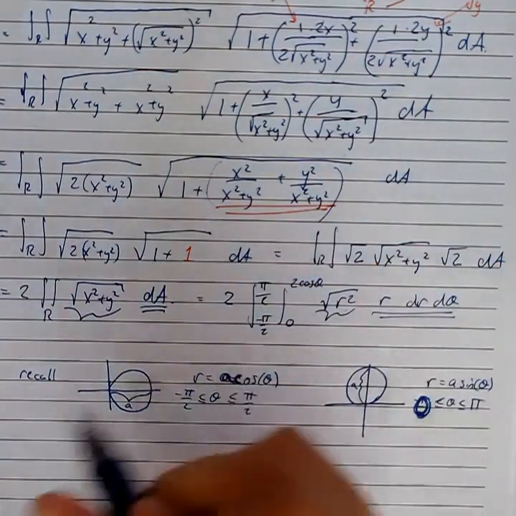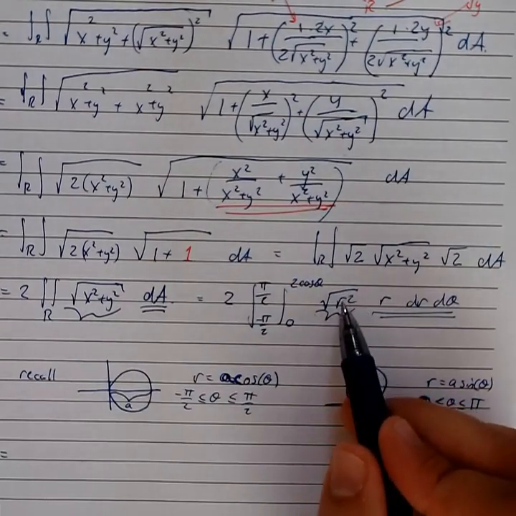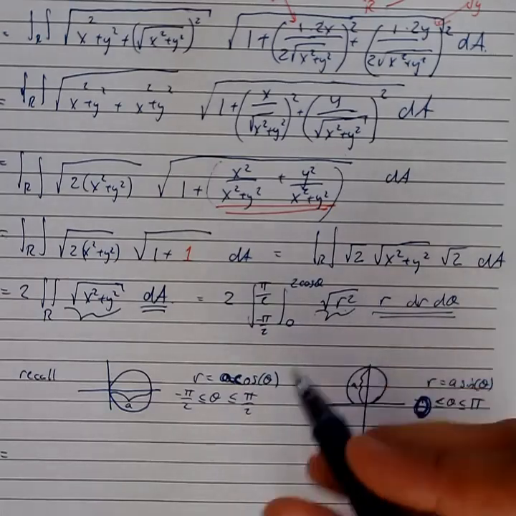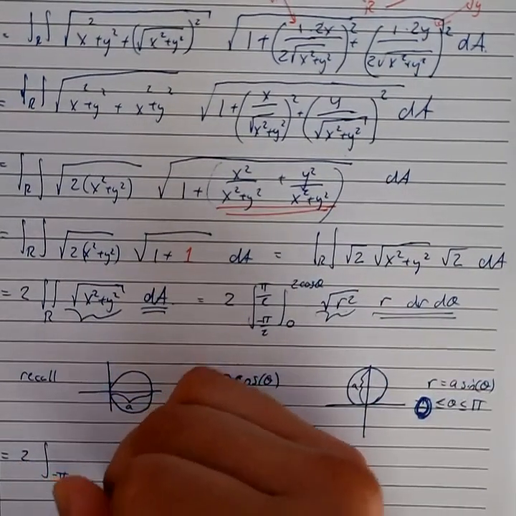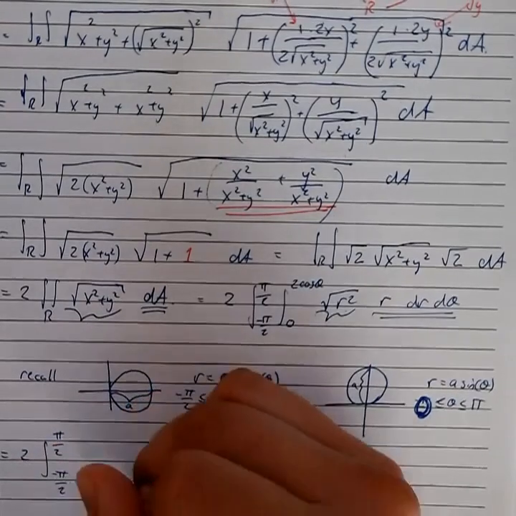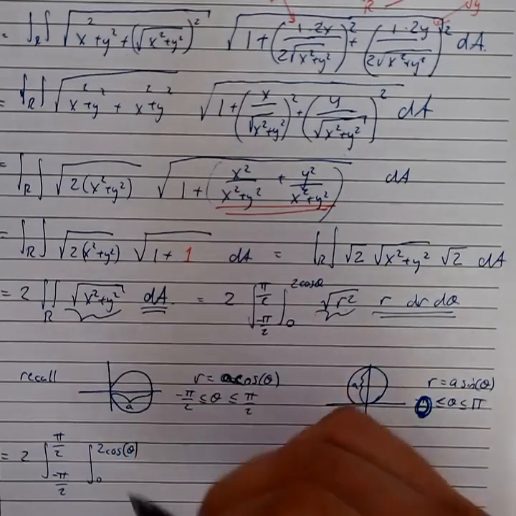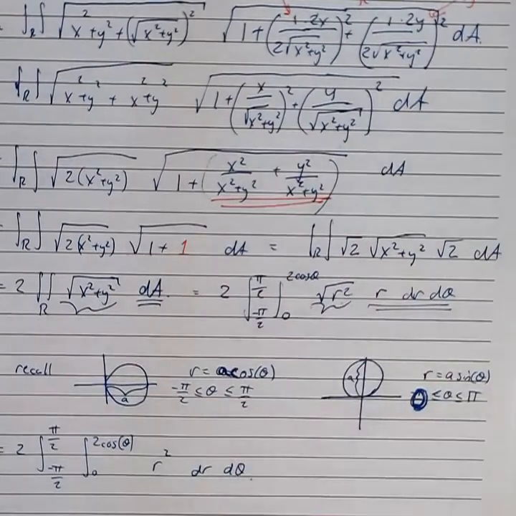All right, so the square root of r squared is just r, and then r times another r is r squared. So this is double the integral from negative pi over 2 to positive pi over 2 of the integral from 0 to 2 cosine of theta of r squared dr d theta.